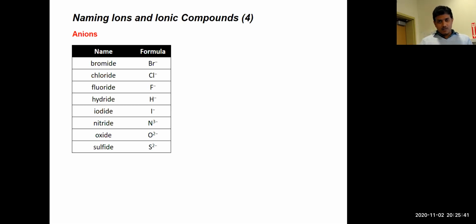And some of them, you just need to remember how we happen to say them. So hydrogen changes to hydride, iodine to iodide, nitrogen to nitride, oxygen to oxide, sulfur to sulfide, and phosphorus to phosphide.